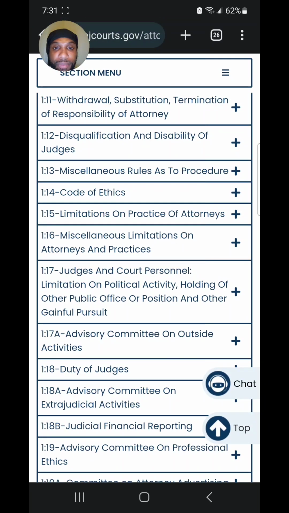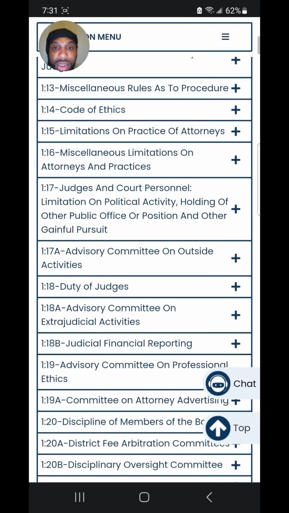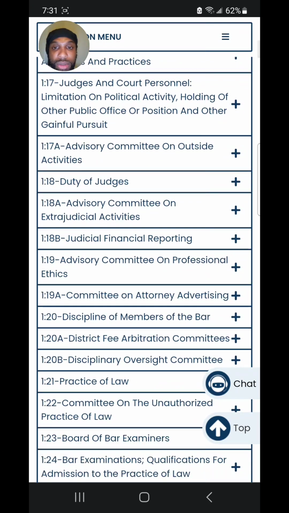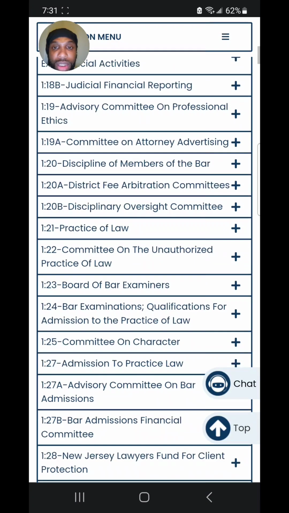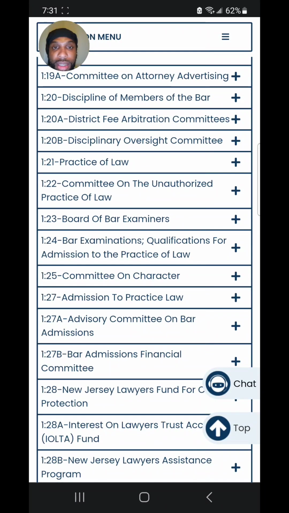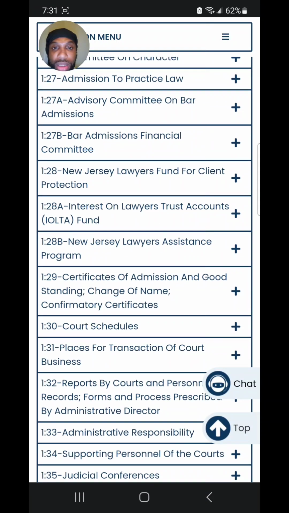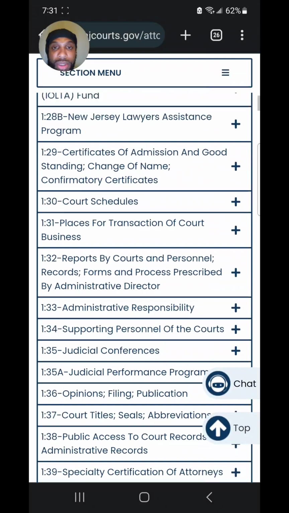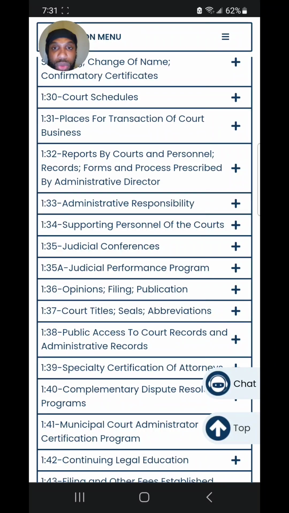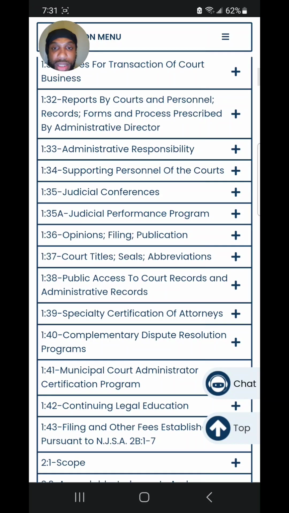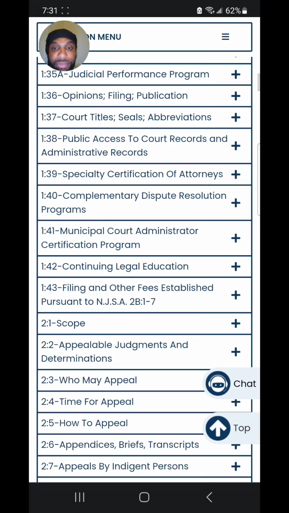Practice of attorneys, judges and court personnel, duty of judges, judicial advisory committee, arbitration, members of the bar, bar examination, the law, New Jersey Lawyers Fund for client protection, lawyers trust accounts, court schedules, court business, administrative. It's a lot of stuff in here.